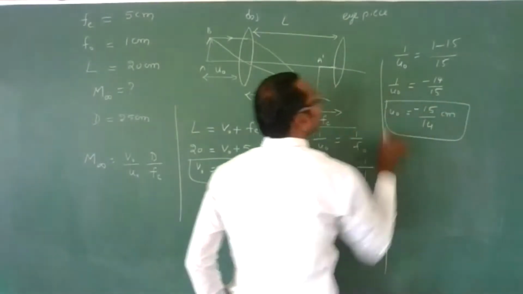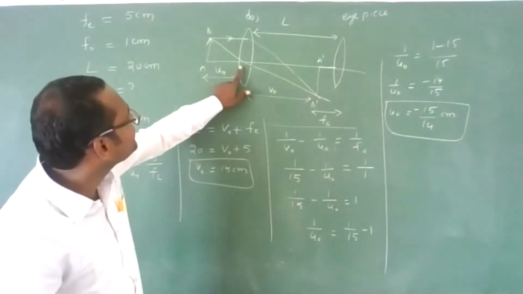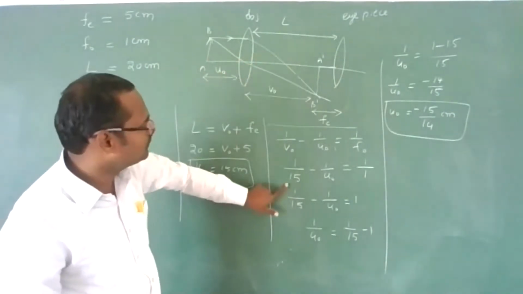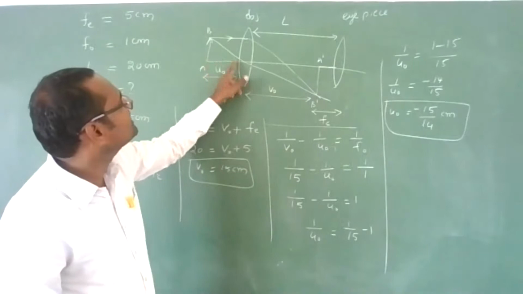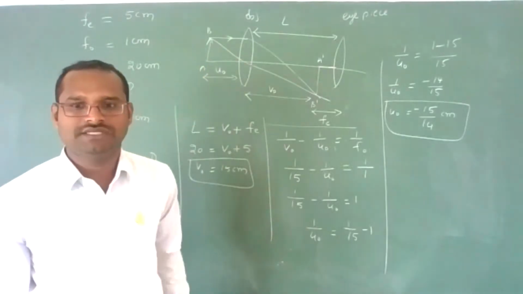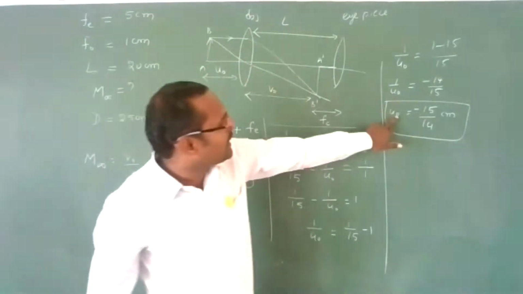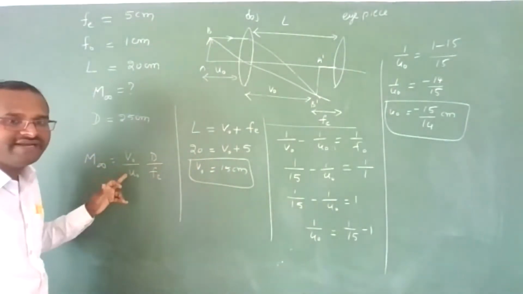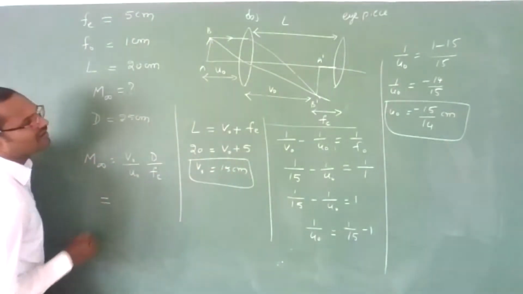This negative sign indicates what? The negative sign indicates U is this side, the object is this side, the image is this side, positive. U is negative means the object is this side. So now I know U naught, I know V naught, I know E, I know Fe. Can you find the magnification? Yes. The formula is V naught upon U naught into D upon Fe.